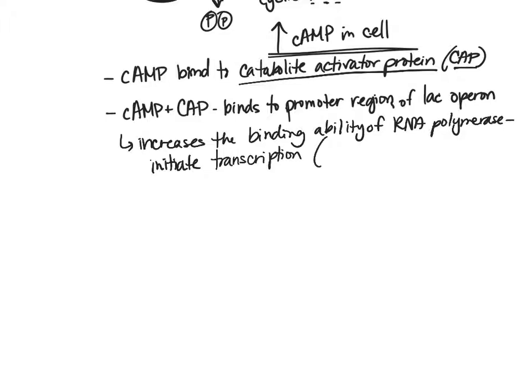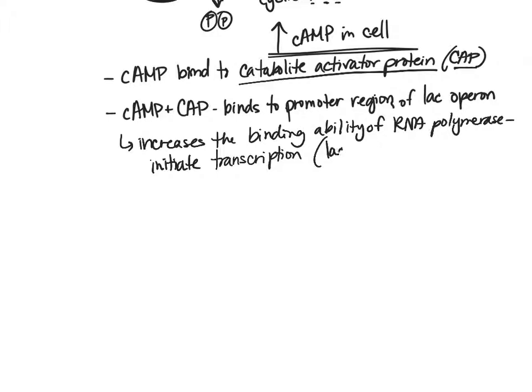And remember that even if we can go through this whole process, if we have low amounts of ATP, we can create this cAMP plus CAP. It'll bind to the promoter region of the Lac Operon. But if lactose is not present, say we just had a dip in glucose, but lactose isn't even there, we are still going to have that repressor molecule on the operator. And we're going to take a look at all of this coming together in just a moment with an image from the text.